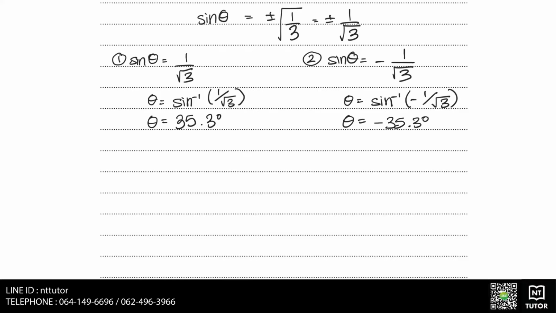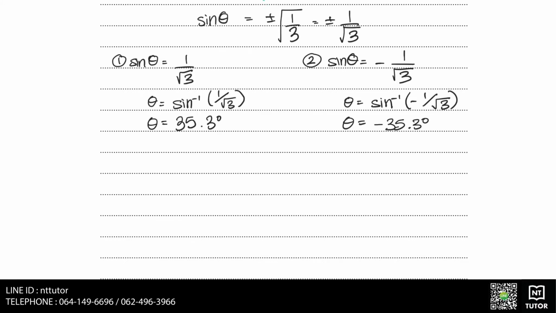So now we have theta equals 35.3 degrees and theta equals minus 35.3 degrees. Every time you do inverse sine, inverse cos, or inverse tan, there could also be other values or other angles that give the same sine, cos, or tan value. So whenever we do this, we need to check the domain of theta to see if we can find the other angles as well.